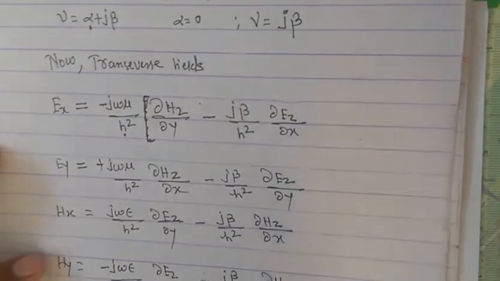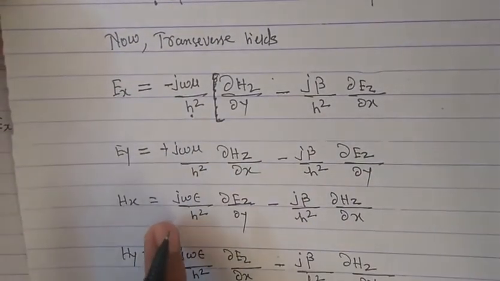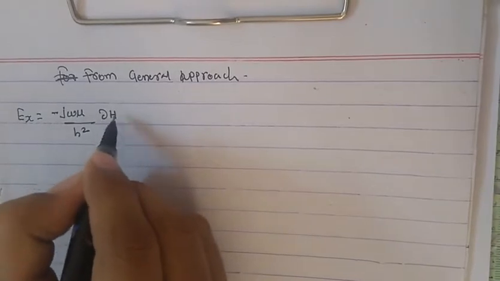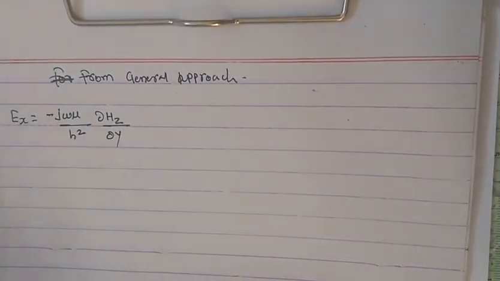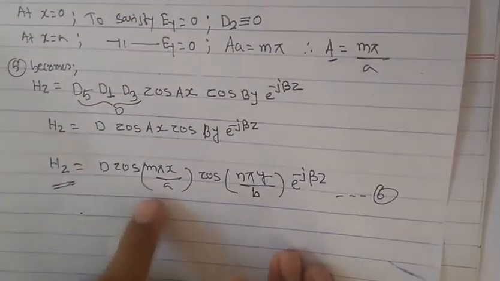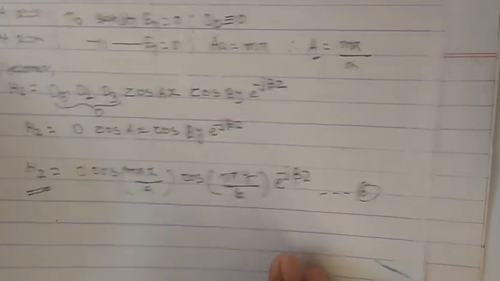So Ex will be minus j omega mu upon h square del Hz by del y. Okay, so what is Hz? You have obtained the complete solution for Hz. Now use it and write the final equation for Ex.